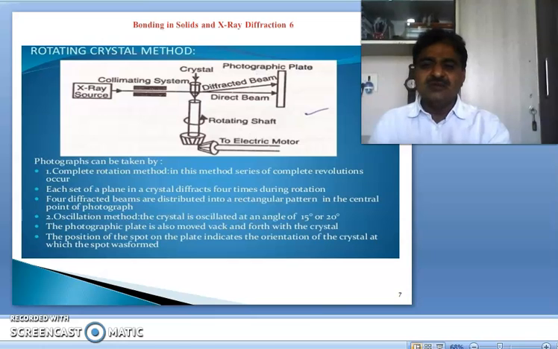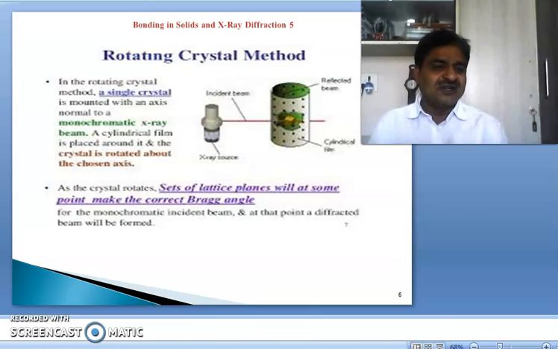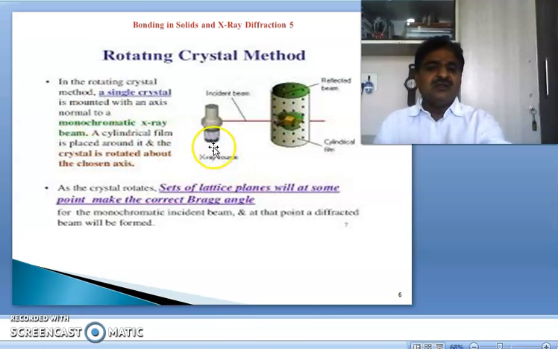So we are discussing an important method, which I have already told you, that is the rotating crystal method. In the rotating crystal method, an X-ray source is used to send the X-ray beam incident on the crystal. The crystal is mounted where? It is mounted on the shaft. I will show you a figure so that you will get an idea.